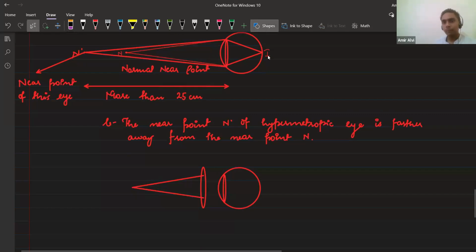So what will happen? It will basically converge the rays, yes or no? Like this. Yes, sir. Okay.